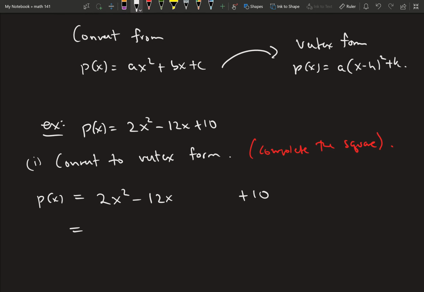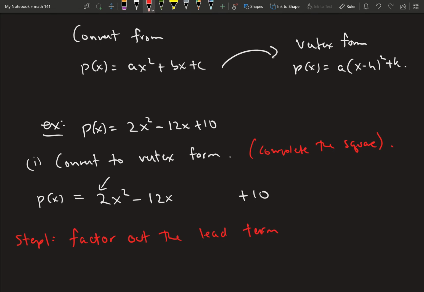So what do we do? Remember, when there is a non-zero or a non-unit term here, a number different than 1, we have to factor that out. So step 1, factor out the lead term.